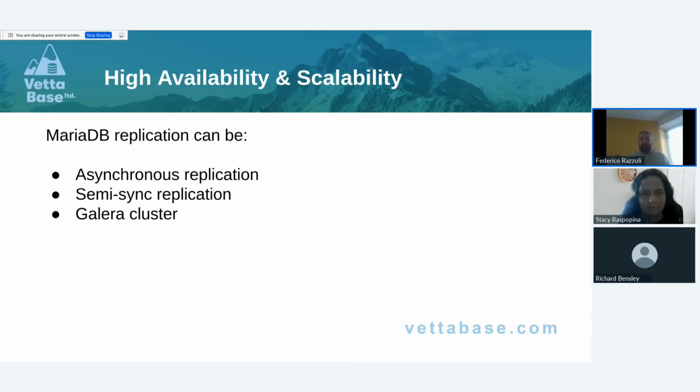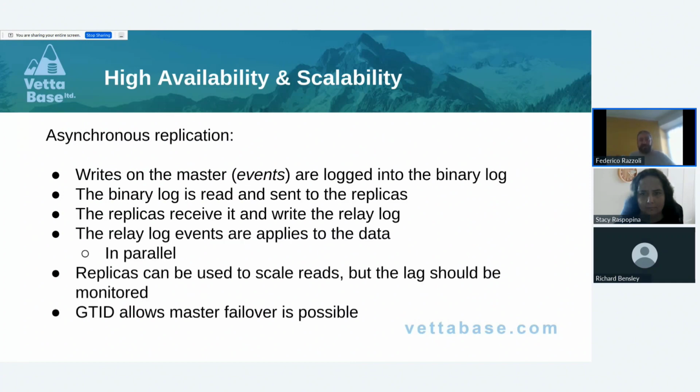Galera cluster is a proper synchronous or virtually synchronous, I will tell you why, replication, and it's theoretically master-master, but I don't really recommend to use it in that way. Anyway, I'll tell you why in a moment. So let's start from asynchronous.